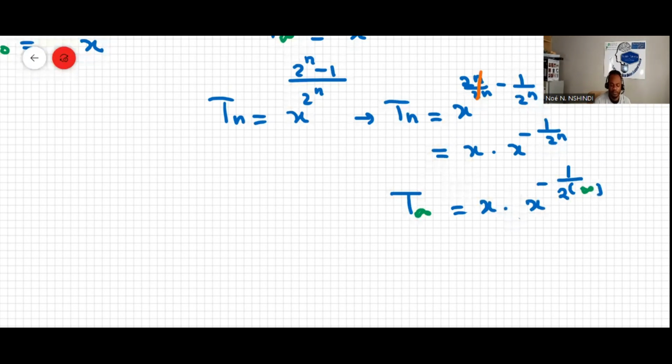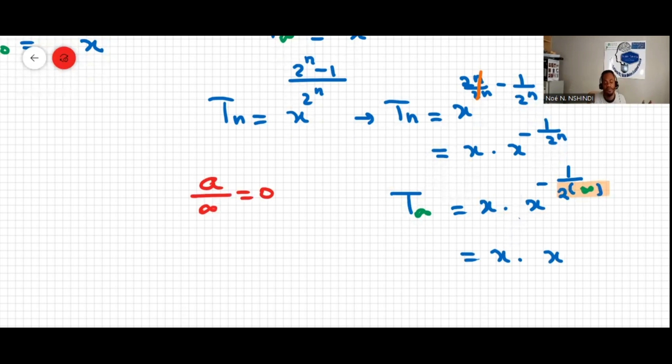Now this will be x multiplied by x to the power. This part here, 2 to the power of infinite, means it's going to be infinite also. And there's a rule in mathematics that says any number divided by infinite is just 0. Just imagine a number divided infinitely many times.